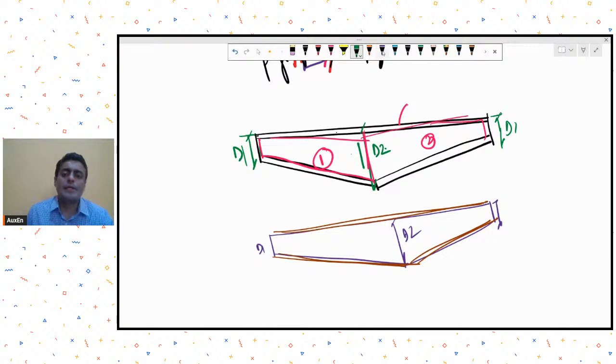Some people like to add some additional splicing plates over here, and they will provide a fillet weld over here. Okay, similarly for flanges also, some people like to add splice plates over here. They will like to fillet weld it, or if you have the option of butt welding, you can do butt welding also.